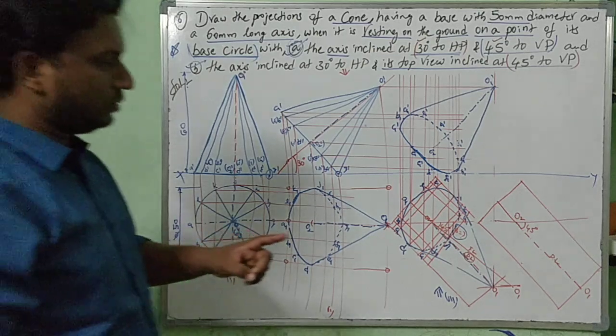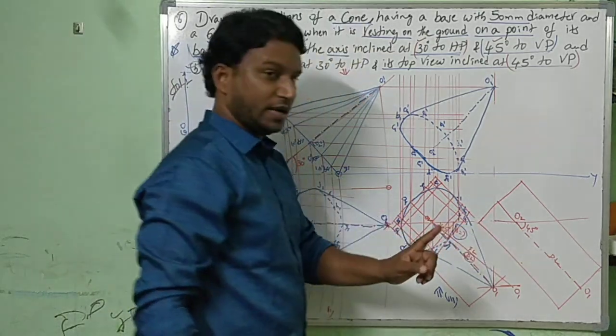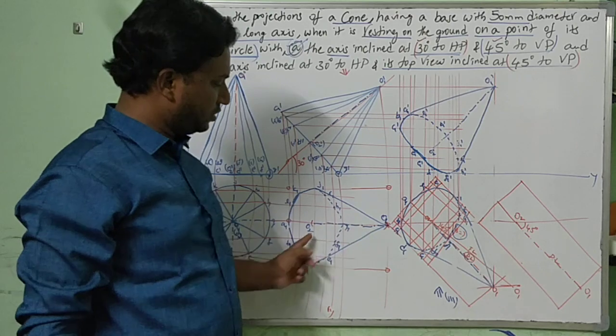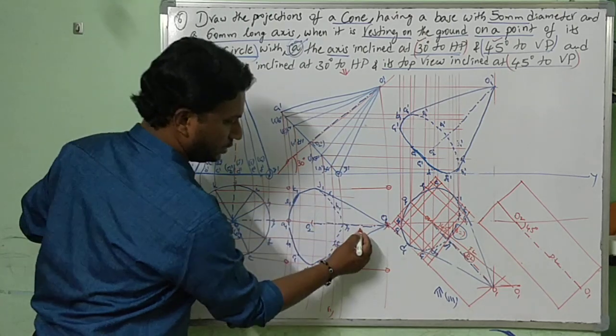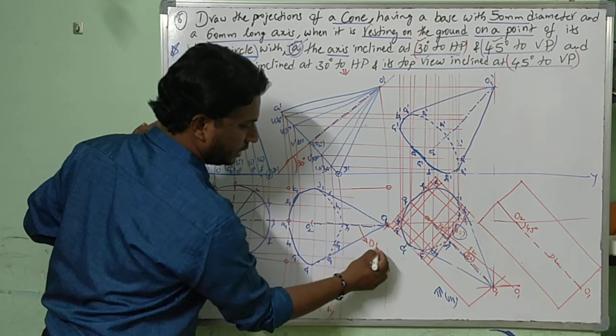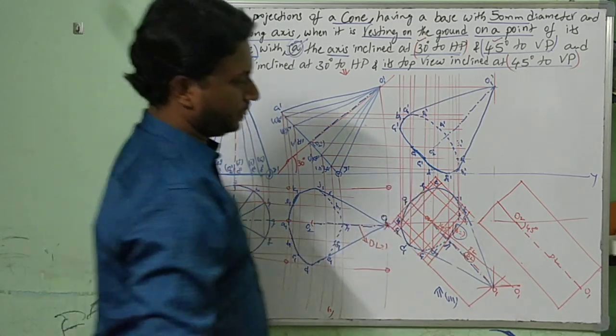Same, but remember at 45 degrees, no beta calculation, direct 45 degrees. This O2 O1 length you have to find. This will be the diminution length, measure it and draw it there.